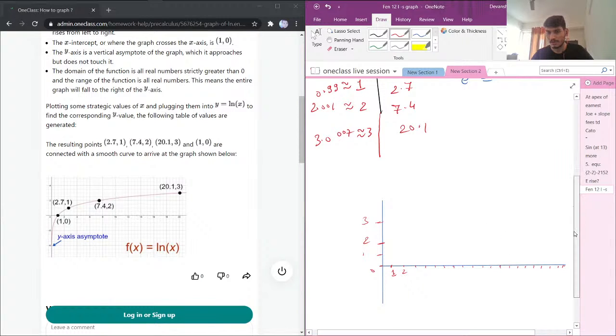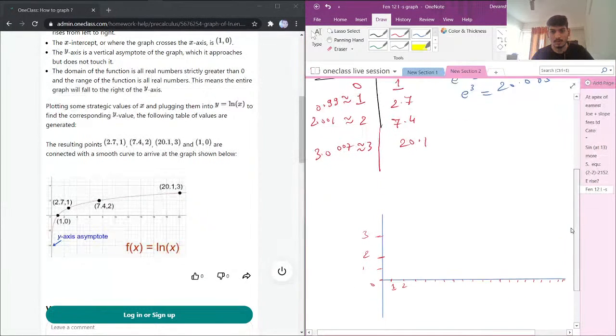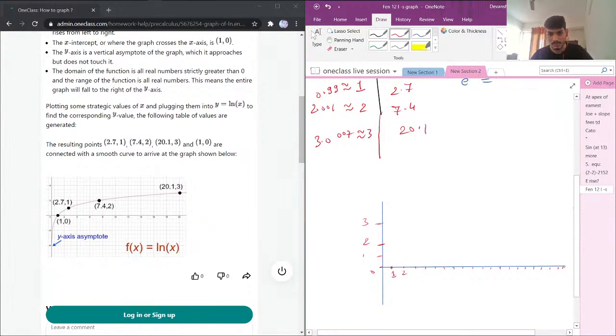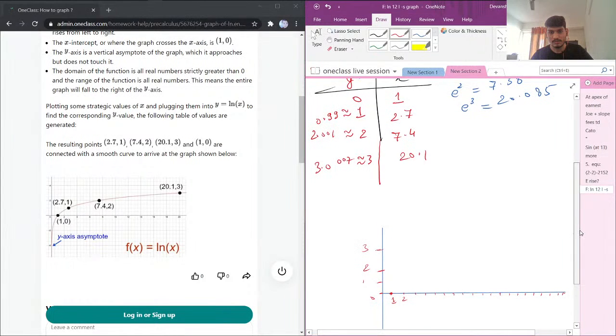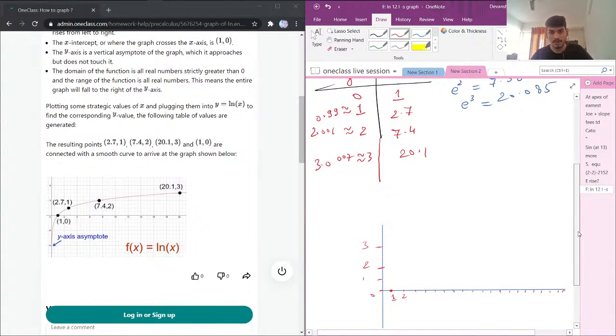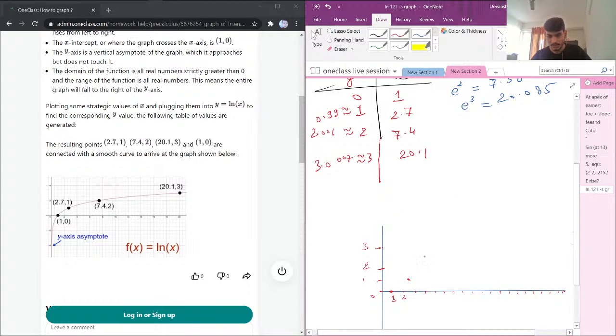So our first coordinate is 1, 0. So x is 1 and y is 0. So this is my first coordinate. Second coordinate is 2.7, 1. Y is 1 and this will be 2.7. Third is 7.4 and 2.